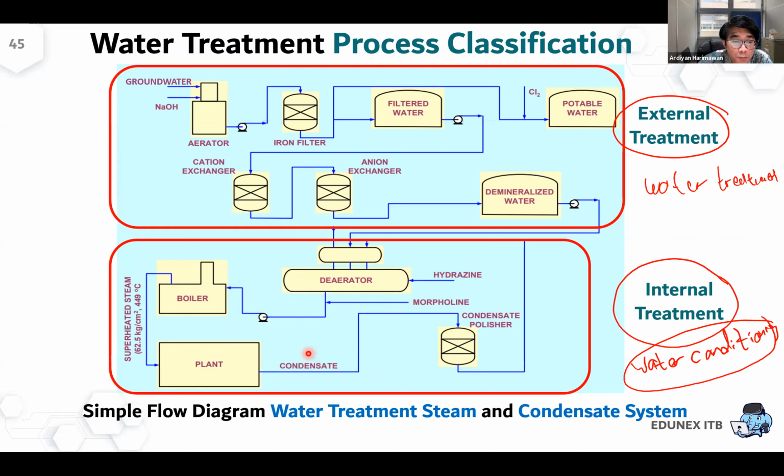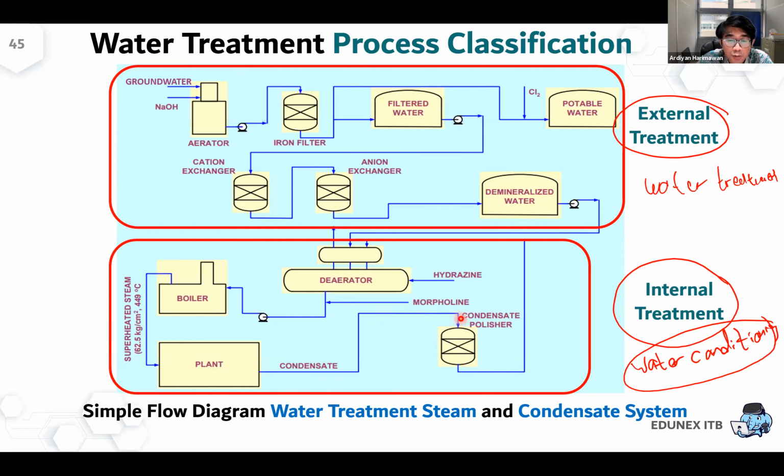Condensate is the water that comes from the steam, because the temperature is already reduced and the pressure is already reduced. You do not throw away the condensate because the cost of this one is quite high already. So after the steam becomes condensate, normally it goes to the condensate polisher.